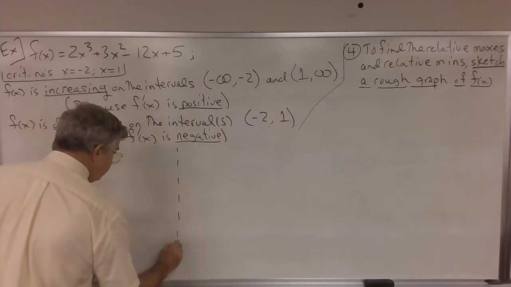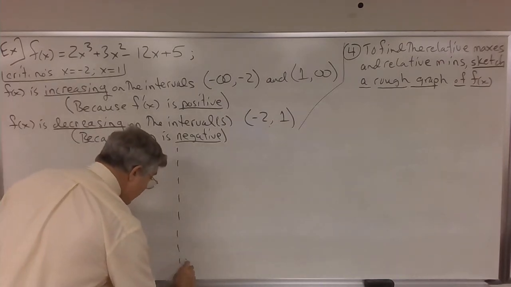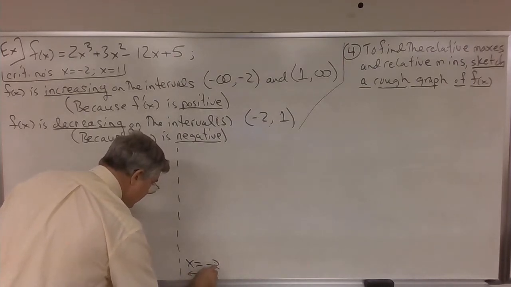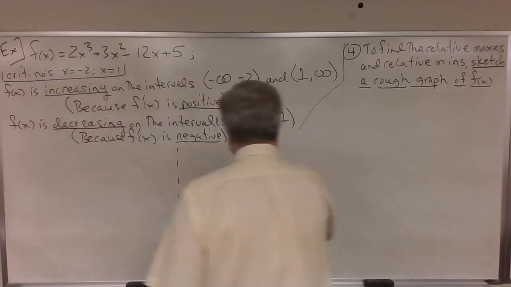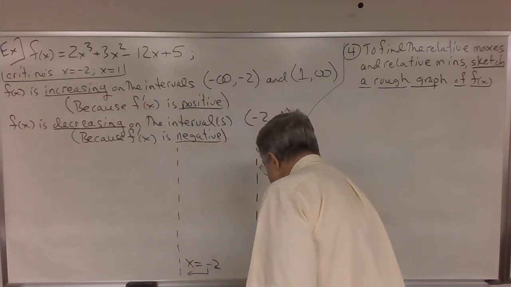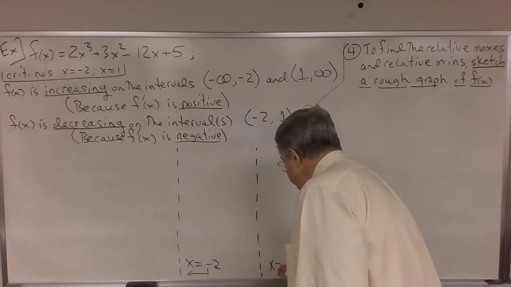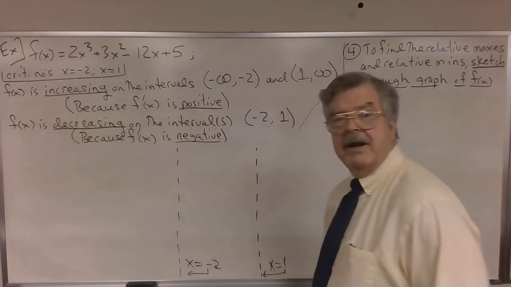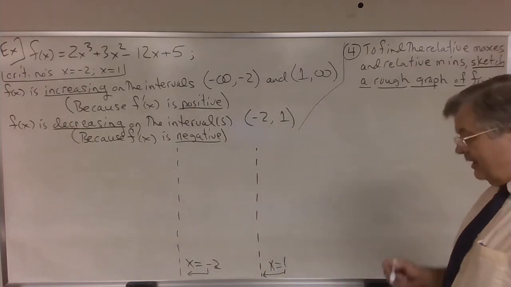So here is our first critical number, x equal -2. And here's our second critical number, x equal 1. And are we getting that on the screen? Yes, we are. Very good. Okay.